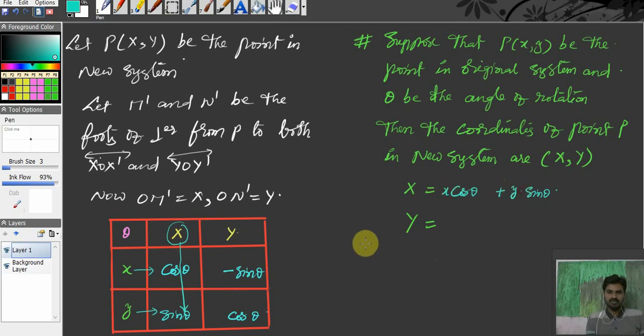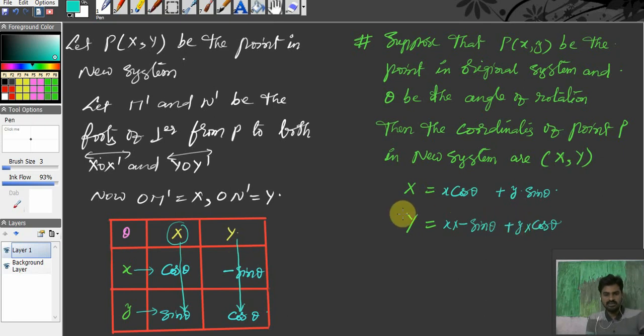In the same process, to find capital Y, you come to its column. That means minus sin theta will be there, next plus, next cos theta will be there. You have to add them, with the product of small x and sin theta, that is small x into sin theta, next small y into cos theta.